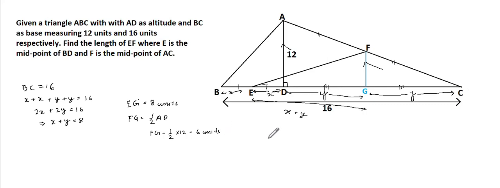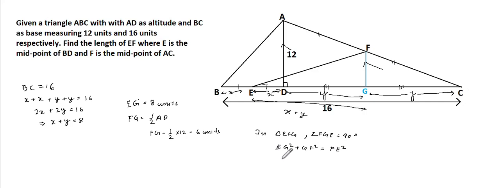Now, if you clearly observe the triangle EFG, angle FGE is 90 degrees because FG is parallel to AD. We can simply say that EG square plus GF square is equal to FE square. It's pretty straightforward till here.